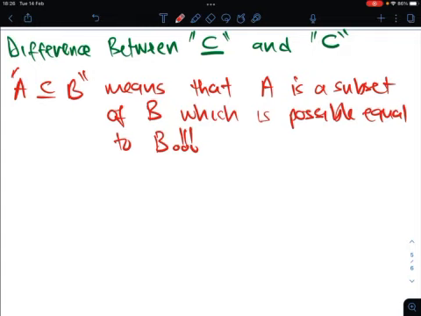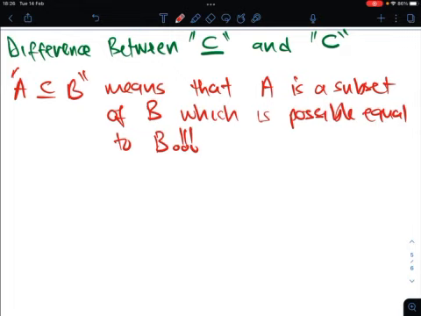So when we use this particular notation, you should always know that there is a chance that A can be just the same set as B without any changes.